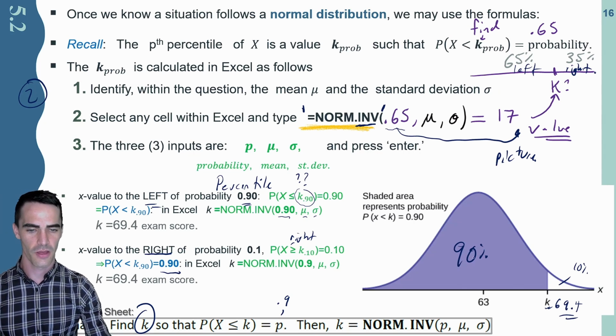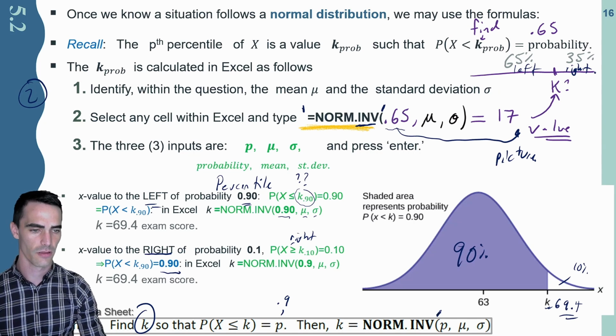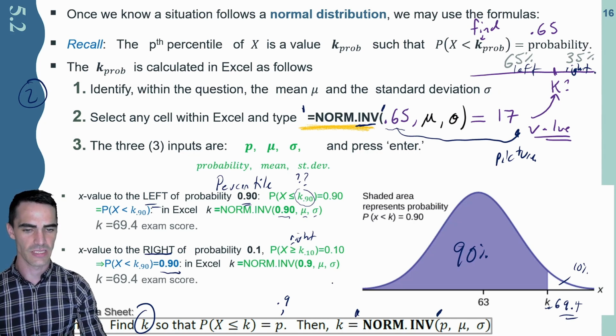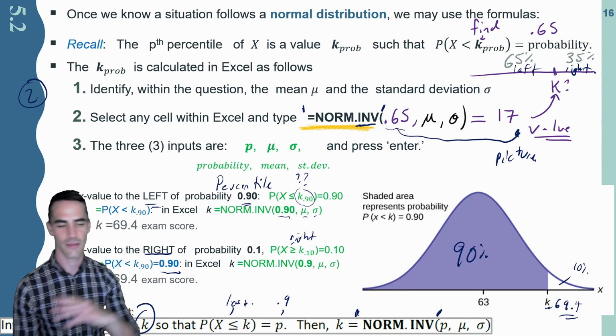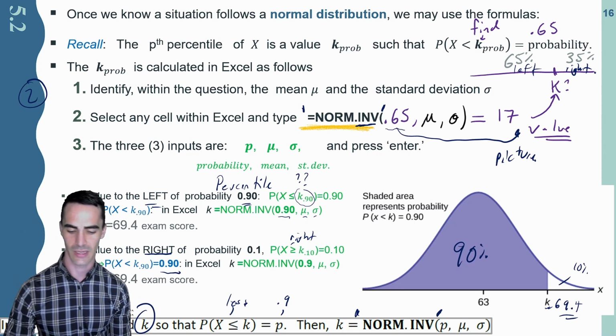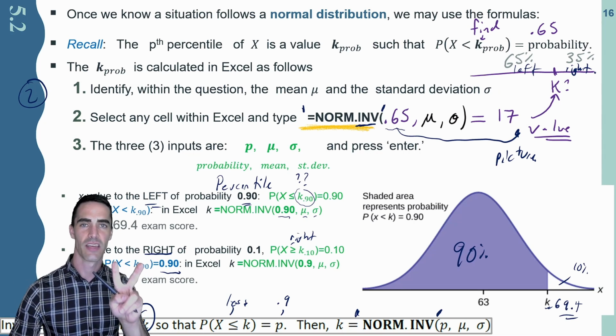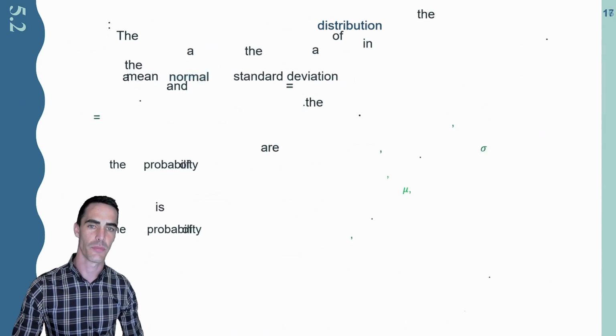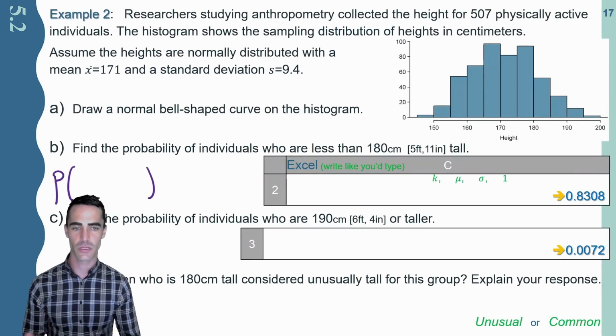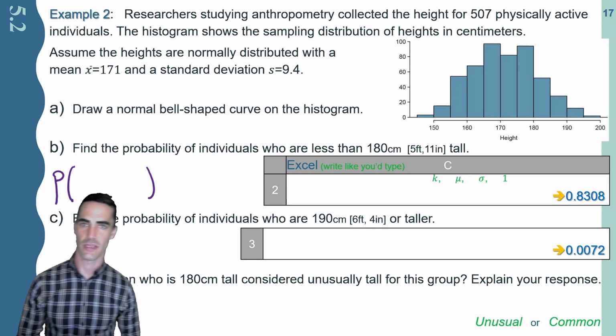Then I can do so by writing k is equal to NORM.INV, and then p is the value. Again, the one thing to make sure is we're always writing this as less than or probability to the left. And we can use this function lickety split. These are the two tasks that you'll be asked to perform, but the way we do them sometimes is a little tricky. So let me do some examples to clarify how to compute these various probabilities.